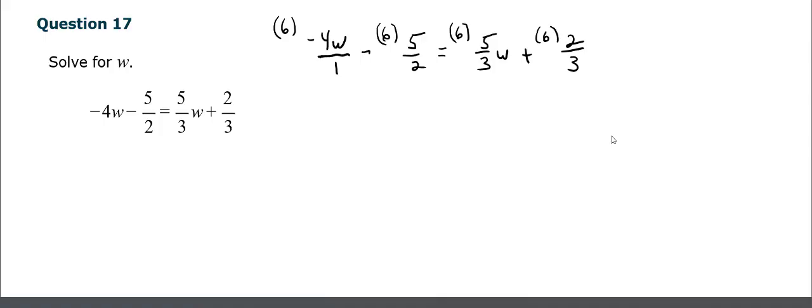So next I reduce. So 1 goes into 6 6 times, and 6 times negative 4w is negative 24w. Next, 2 goes into 6 3 times, and remember the sign. So 3 times negative 5 is negative 15.